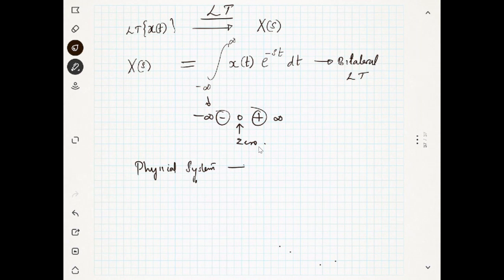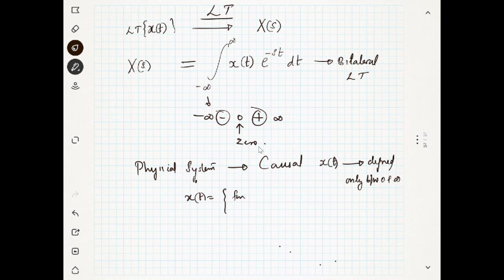A causal system or causal signal x of t will be defined only between 0 and infinity.